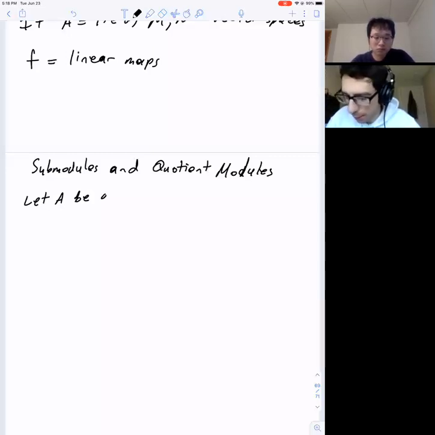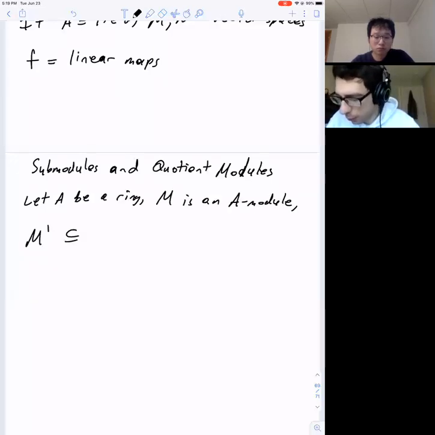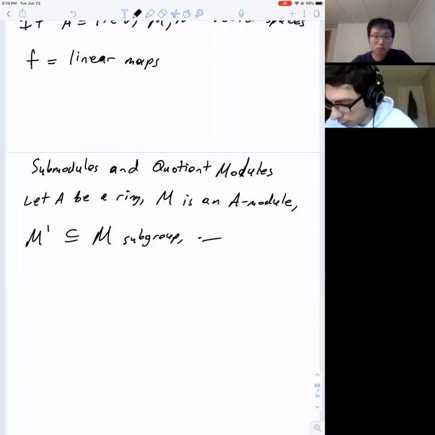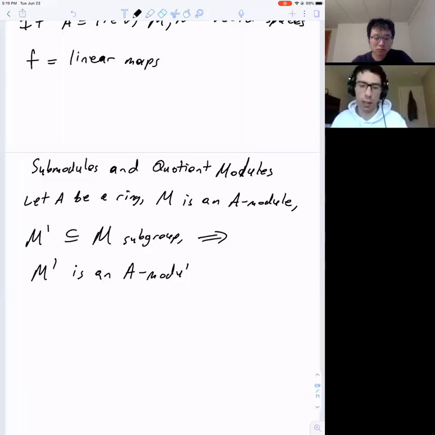If M prime is a subgroup of M, then it naturally has an A module structure because of just the fact that M is also an A module.